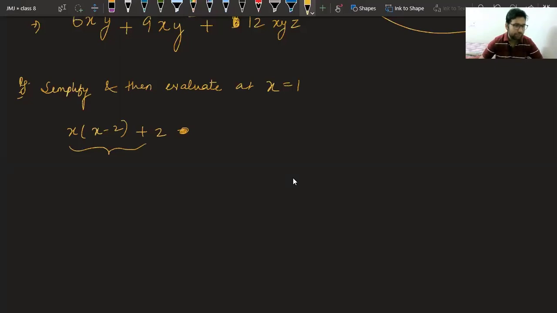Yes, beta, this is power sign. Class, first simplify this expression and then evaluate the answer. So you will give me two answers now. You will give me the simplified form and you will give me the evaluation also. Give me the simplified form first and then give me what you will get if you put x equal to 1 in the expression.